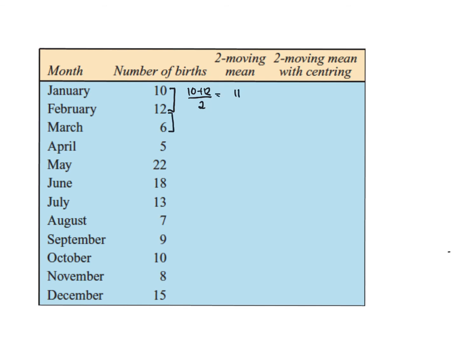Then my next 2 would be 12 plus 6 divided by 2, which equals 9. Okay, and then the centering bit will be when you add those 2, so it'll be 11 plus 9 divided by 2, which will be 10. So this 10 is the first smooth data, and it actually would fall on February, because you lose the first one in this instance.